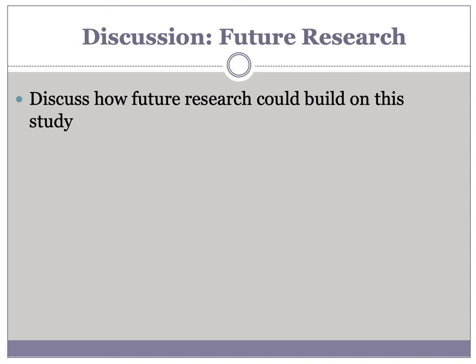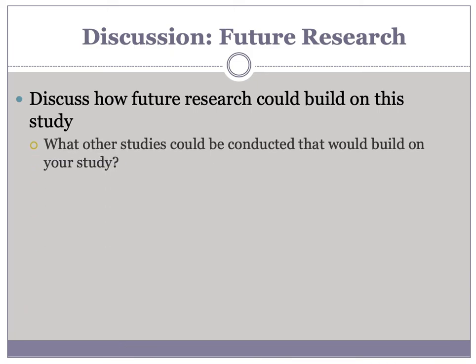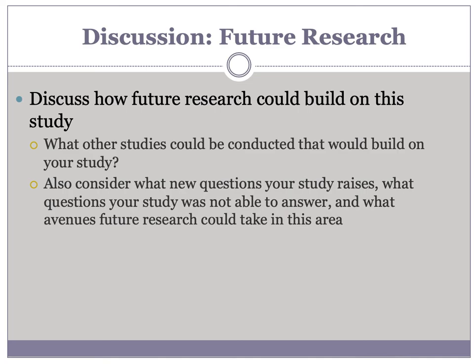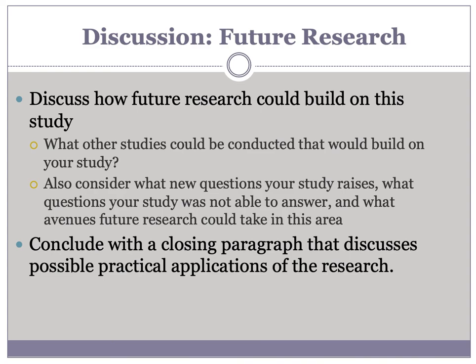So those future researchers might end up mentioning your study as past research that informs their research question. So what other studies could be conducted that would build on your study? Also consider what new questions your study raises, what questions your study was not able to answer, and what avenues future research could take in this area.